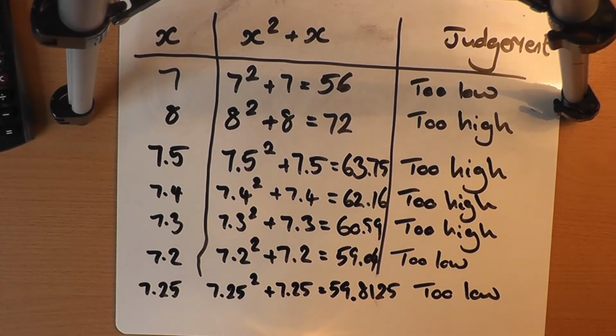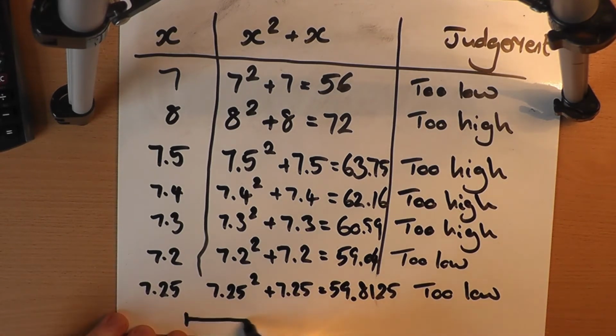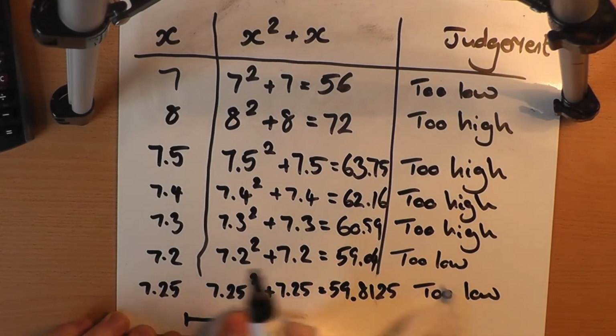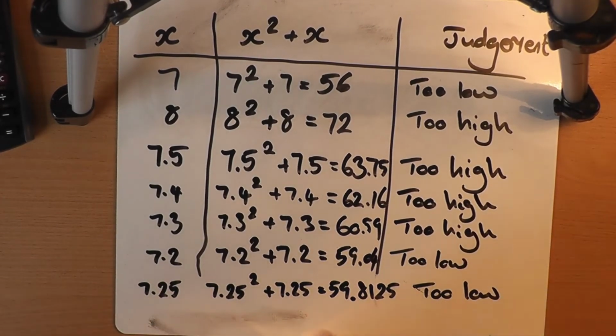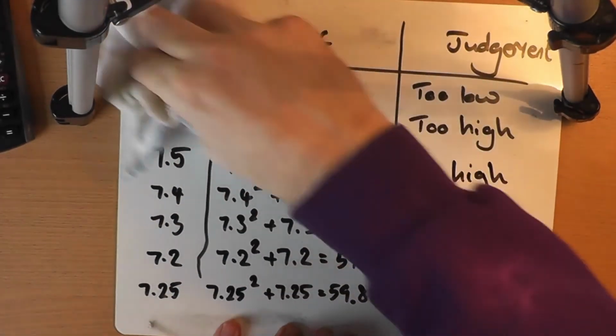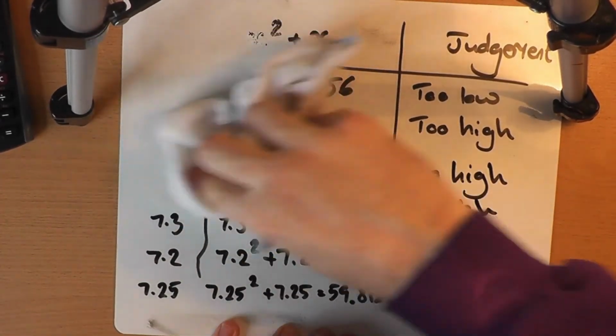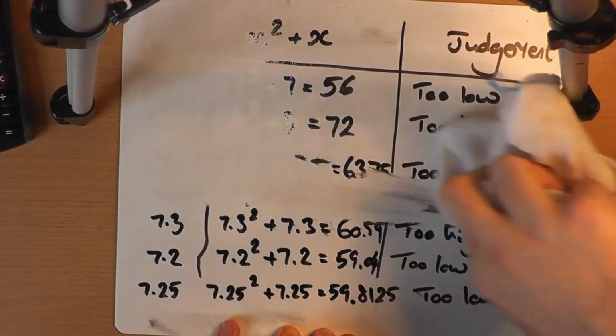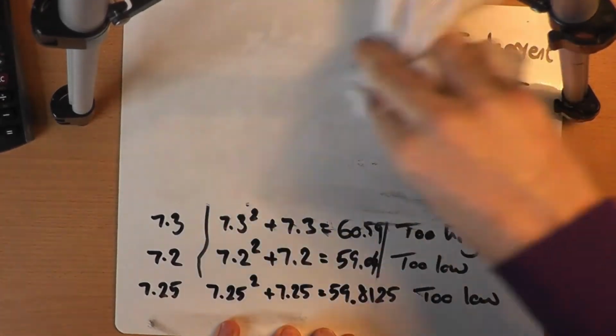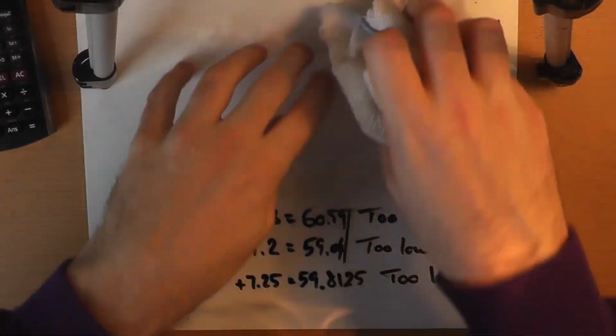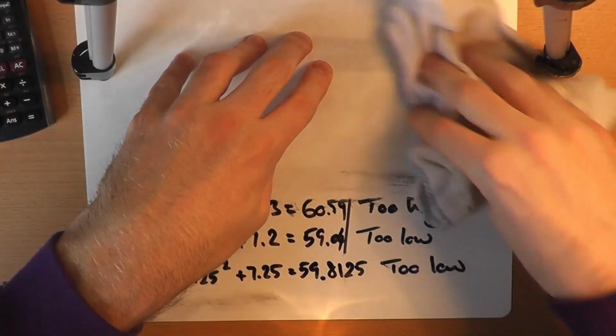So 7.25 is too low, which means that our answer must be somewhere between 7.25 and 7.3.